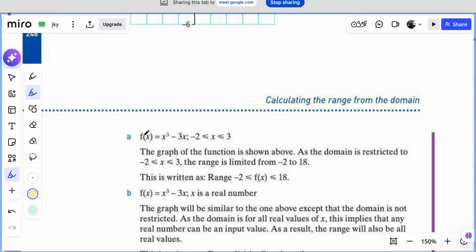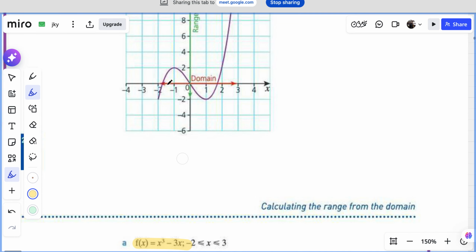Look at the equation: y, or f of x, equals x to the power of 3 minus 3x. We're choosing a domain from -2 to 3: -2, -1, 0, 1, 2, 3. You substitute these x values into the equation to get the corresponding f of x or y values. Once you get the y values, you plot them and get a cubic graph like this.